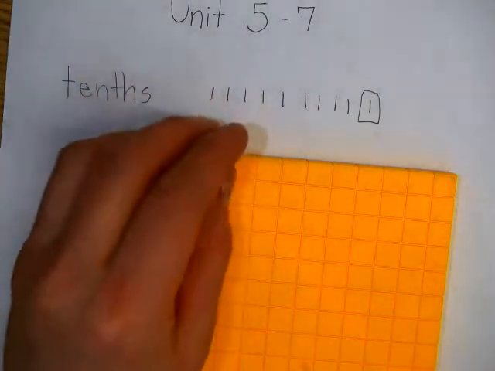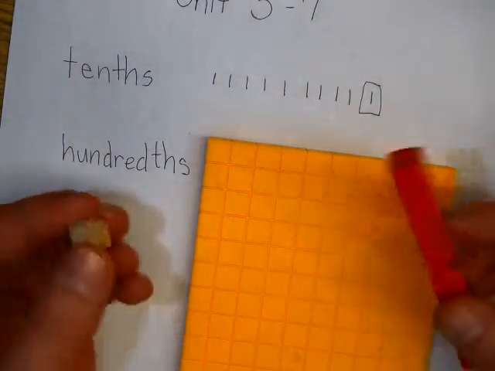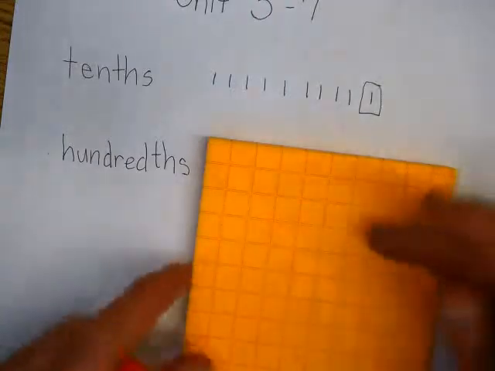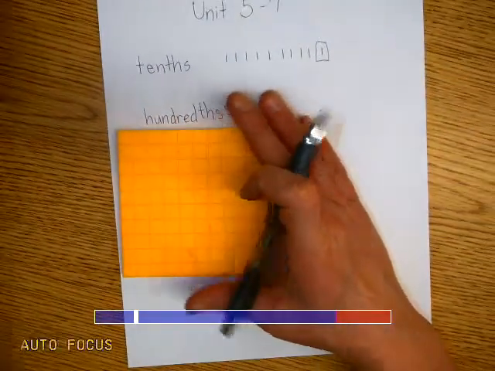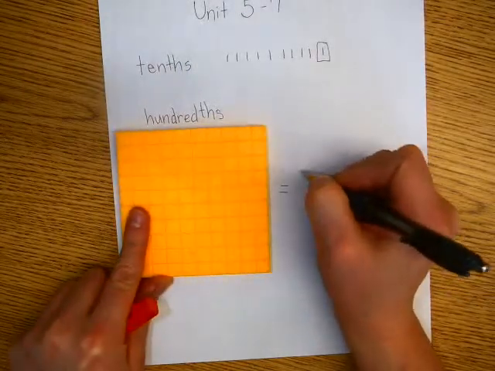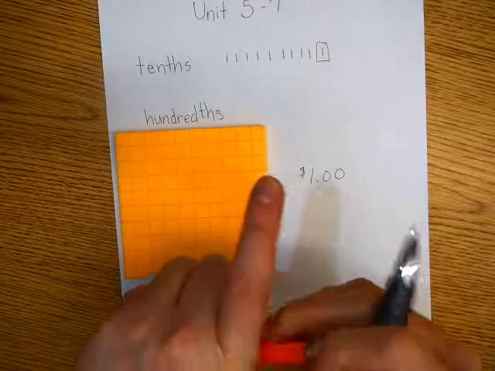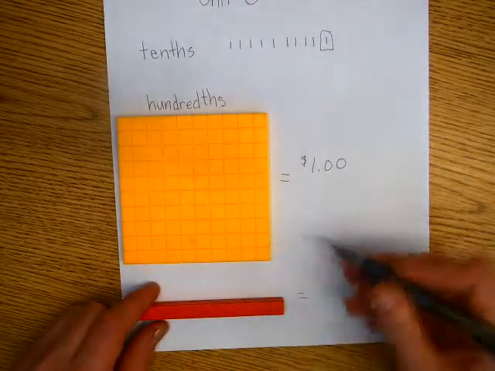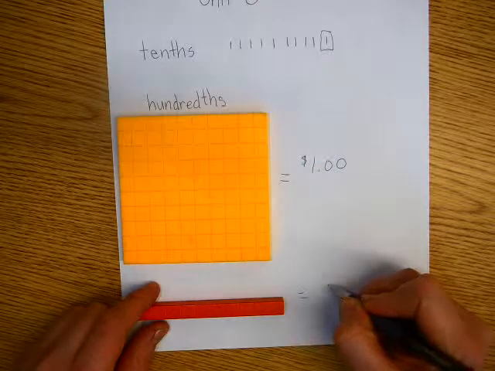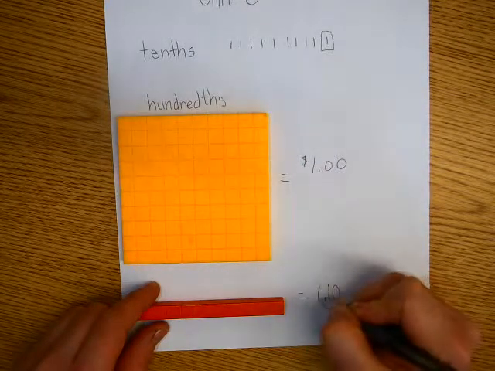So we're expecting kids to be able to use these base 10 blocks to model money amounts, to be able to think of this one here, this flat, is going to equal $1. This long will equal 10 cents, so point 10 will equal 10 cents.